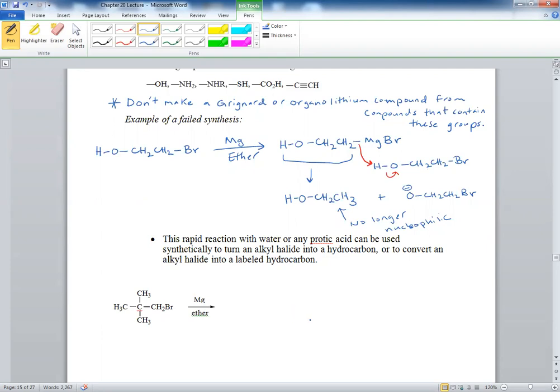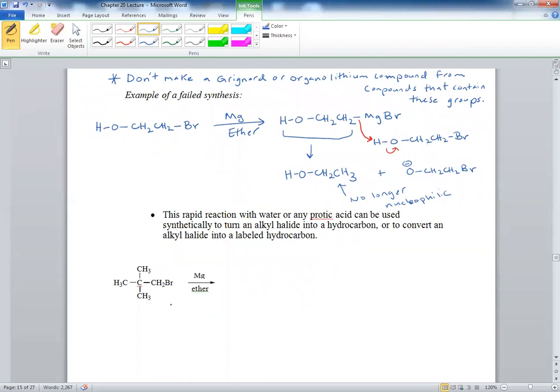If we have this alkyl halide, and we have magnesium and ether, which you are going to be doing a reaction on in your lab, we know what's going to happen. The Mg is going to insert itself between the C and the Br, so we're going to have CH2MgBr.